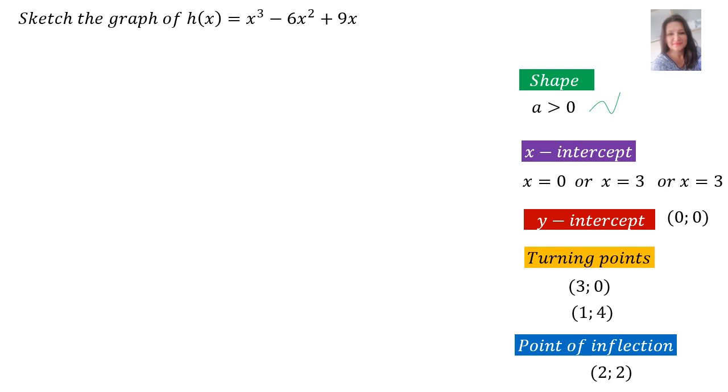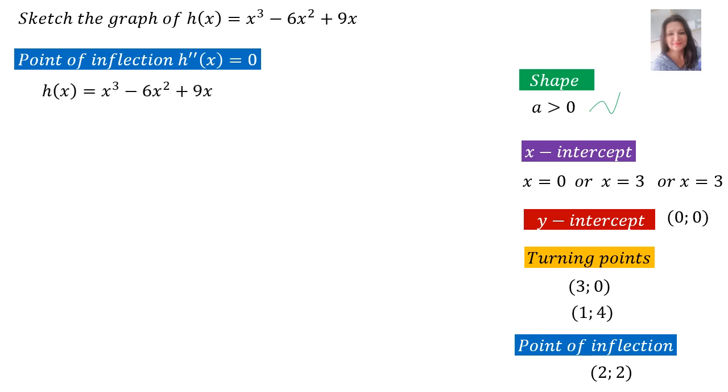The last thing that we need to do here is we have to find the point of inflection, and therefore we will find the second derivative and equate to 0. There's the original equation. The first derivative will be 3x squared minus 12x plus 9, and the second derivative is 6x minus 12 is equal to 0.